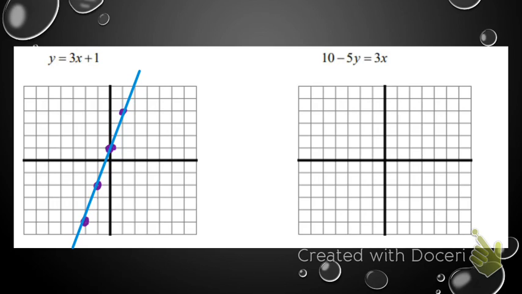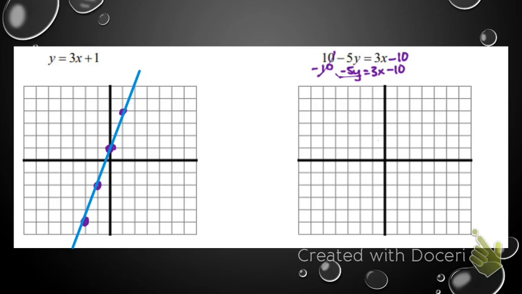Alright, so on this next example, what is different about it? We are not in y-intercept or slope-intercept form, so I need to put it in my slope-intercept form. So I need to get my y by itself, so I'm going to solve for y. So we're going to minus 10 from each side. So now I have negative 5y equals 3x minus 10.